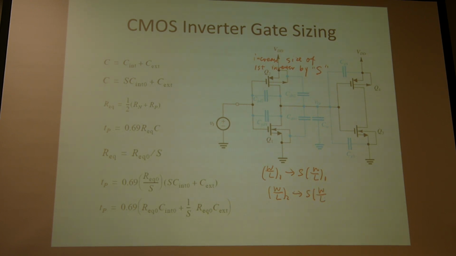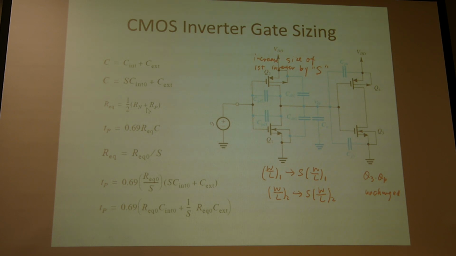So we make them larger. Let's say S is larger than 1. However, Q3 and Q4, let's say, are unchanged. So we size up the first inverter by a factor of S.